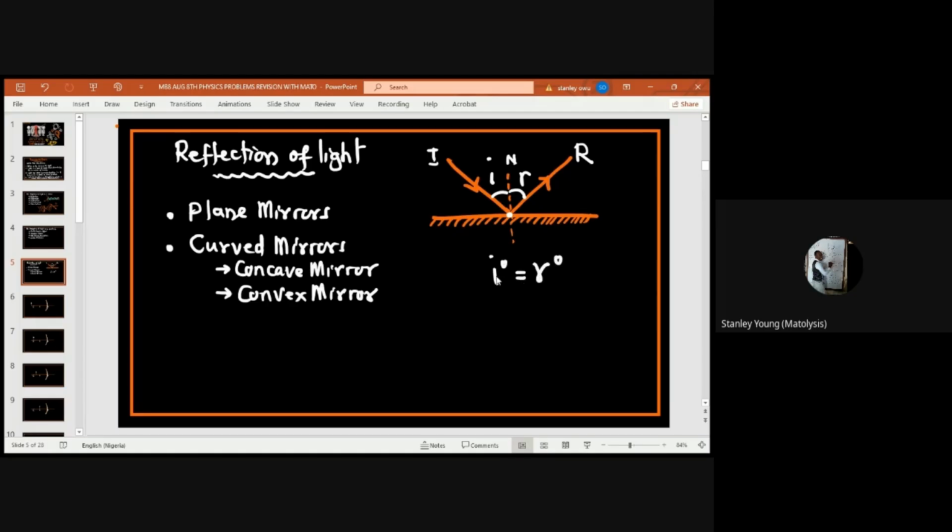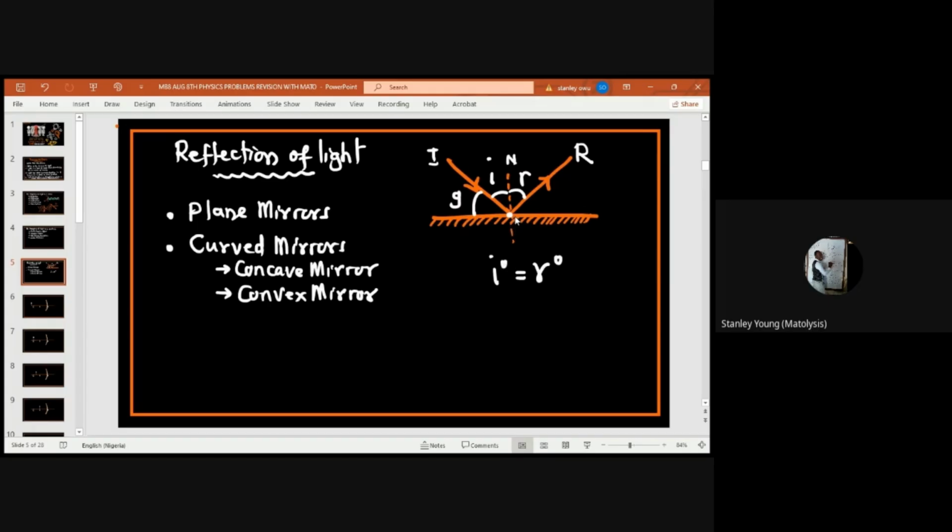Number two, the line of incidence, the line of normal, and the line of reflection always meet at the same point, and they all exist on the same plane. So please take note of that. Another thing you need to know is the glancing angle, which is the angle between the line of incidence and the plane or the mirror.